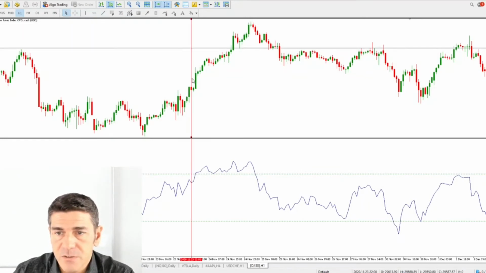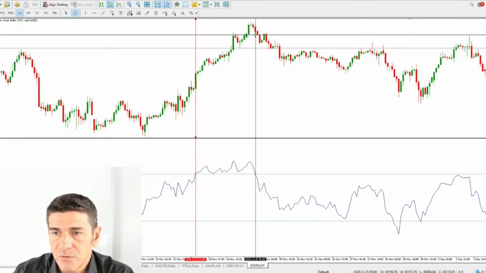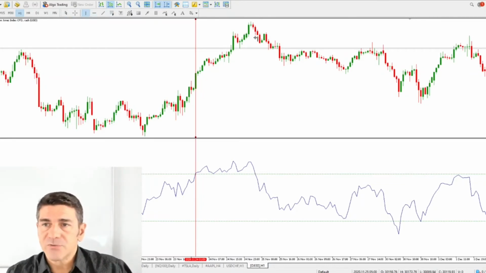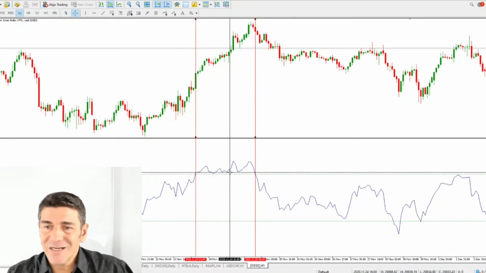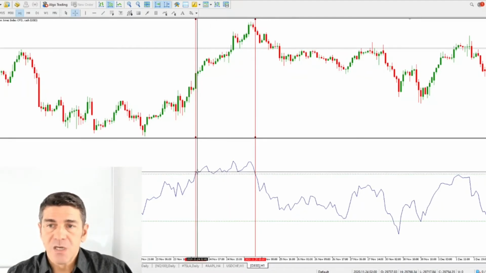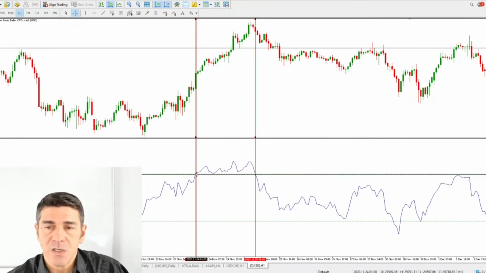Let me just point this out. From here until right over here, we have a period of time when RSI is staying above level 70, which means that it is not enough to just see RSI above 70 and say, let's start selling.